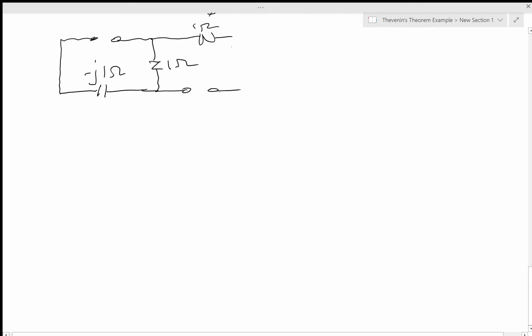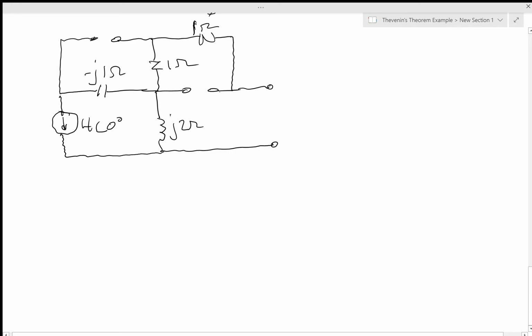I need to slow down a little bit and write a little nicer. Okay. Then we have the 4 angle 0 degree current source. We have the J2 ohm inductor. Alright, there we go.